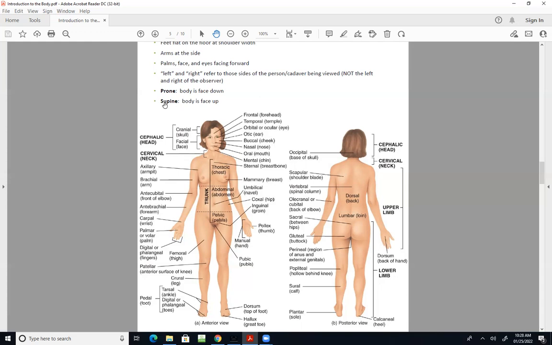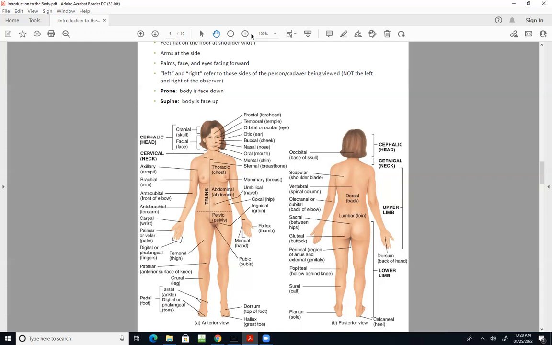If you're a back sleeper like myself, you like to sleep in what's called the supine position. If you're a belly sleeper, if you like to lay your face down, you sleep in what we call prone position, where the body's face down. So that's a common set of terms that we use this semester. And we'll use the terms pronate and supinate later on as well.